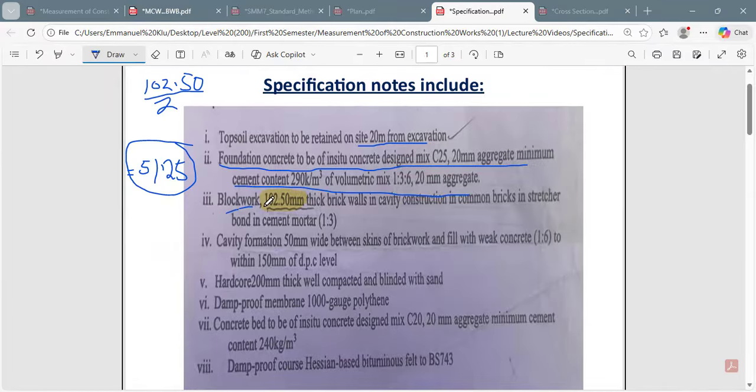This is it. Block wall thickness 102.50 thick. Stretcher bond in 1:3. Okay, this is it. So stretcher bond of 1:3. So the specification has already been given, so we can use that to describe it. And then life is now much more easier.